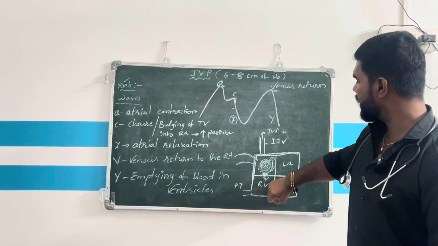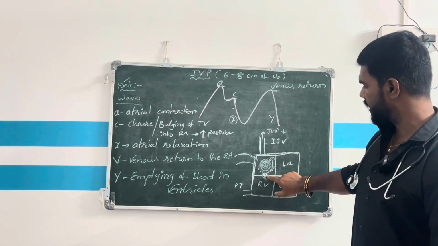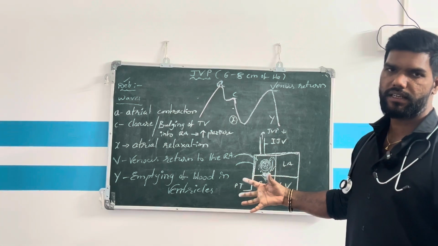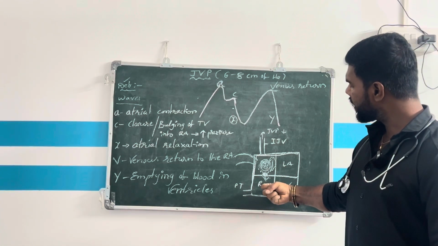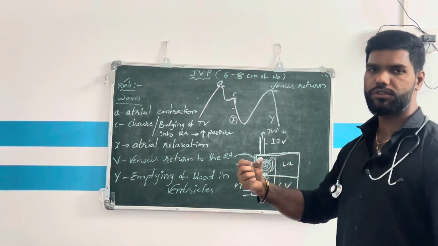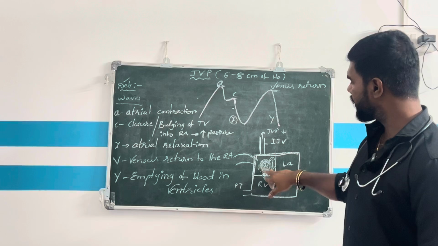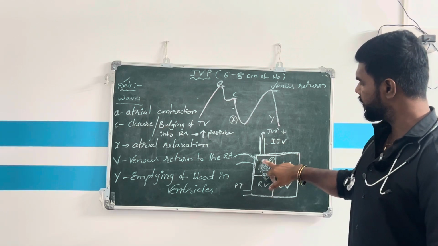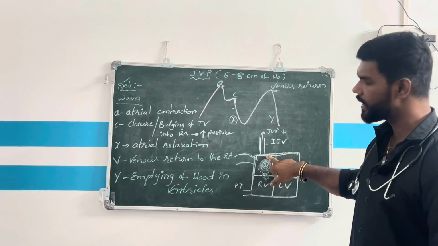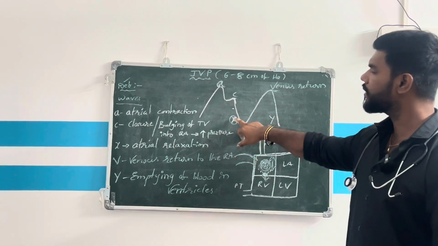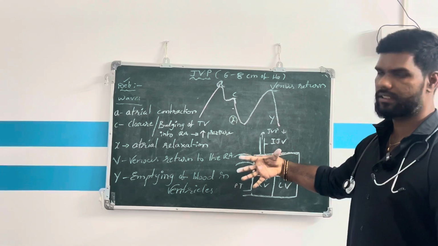After the bulging and closing of the tricuspid valve, the right ventricle goes to the systolic phase. During the right ventricular systole, the atria goes to relaxation. In this relaxation, the pressure as well as the volume of blood is decreased, which produces the X descent. X means atrial relaxation.